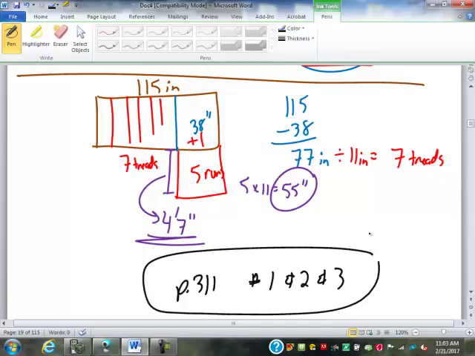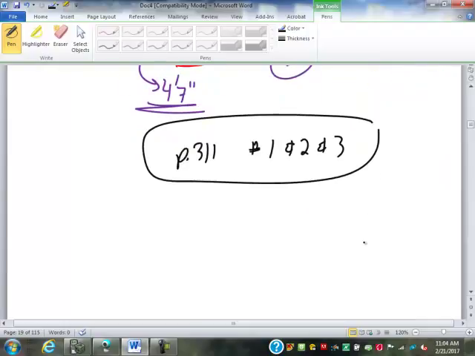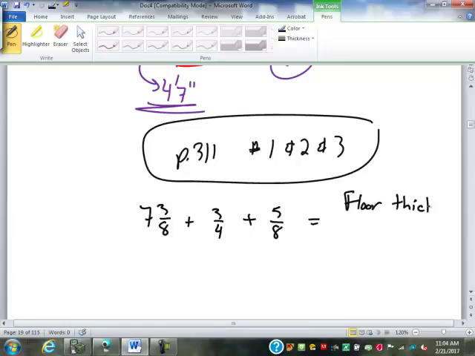For number 2, they're asking to give you the total rise, and they want you to actually figure out the floor thickness. They're giving you the floor joist, the 7 3/8, the subflooring of 3/4 of an inch, finished floor of 5/8. So you have to add those together to get the floor thickness. And they're giving you there is a total rise, not the ceiling height.